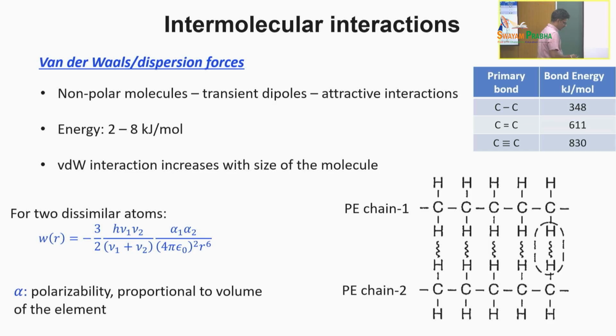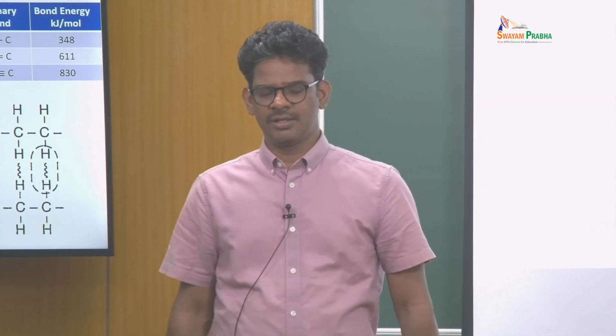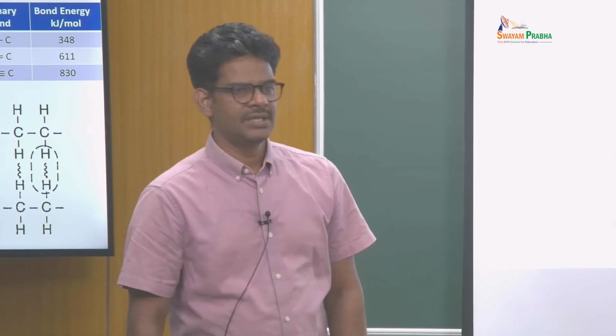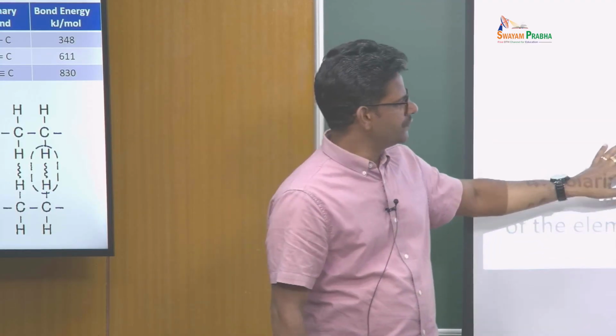Now, how do we manipulate or change these interactions? Well, molecules which are larger in size can have stronger van der Waals forces, or stronger dispersion forces. The reason is in an equation I'm showing. The derivation of this equation is not important.